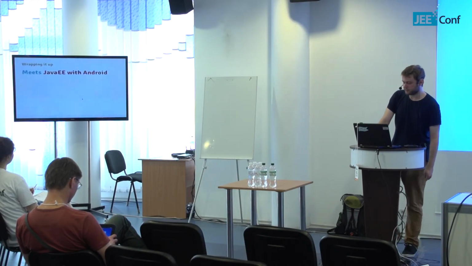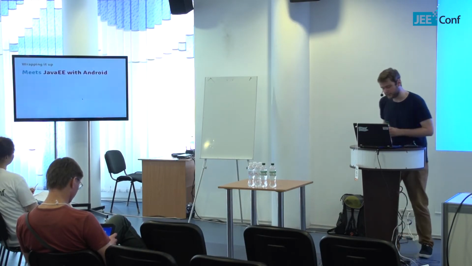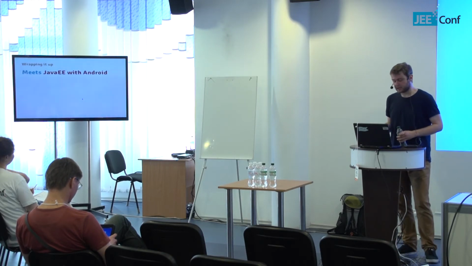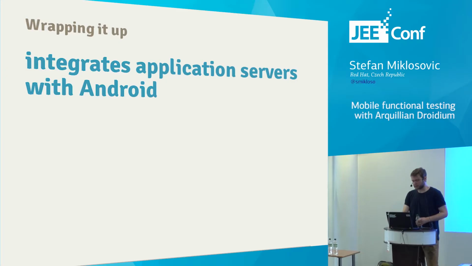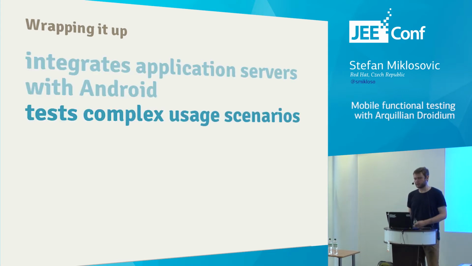So when I have to wrap it up, I would say that Droidium meets Java Enterprise, Java EE, with Android, and it integrates application servers from that Java EE environment with Android, and you can test really complex usage scenarios. Like you can, for example, also start two Androids. On two Androids, you deploy the APK.